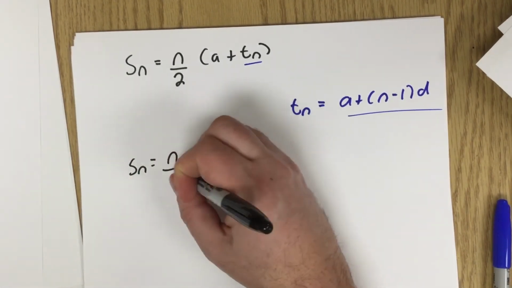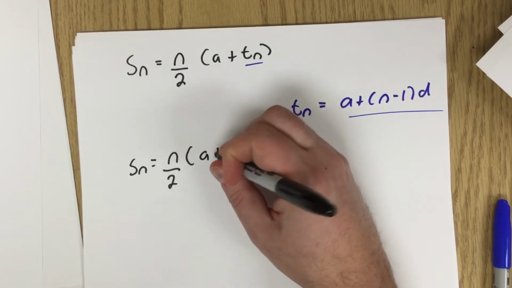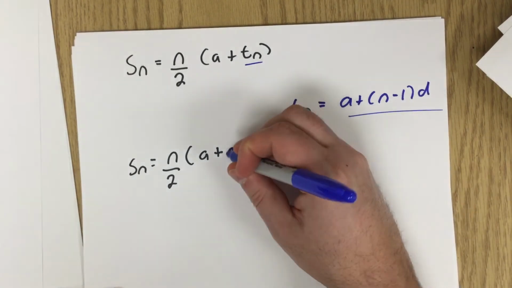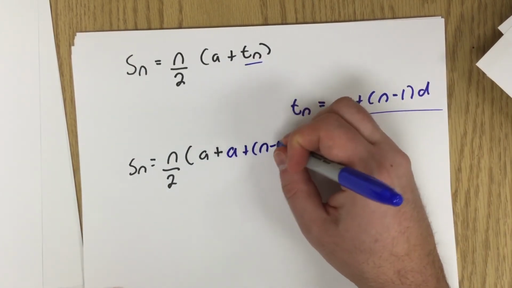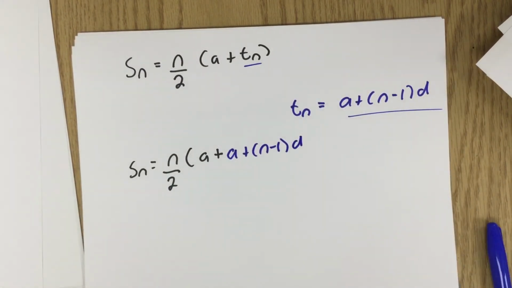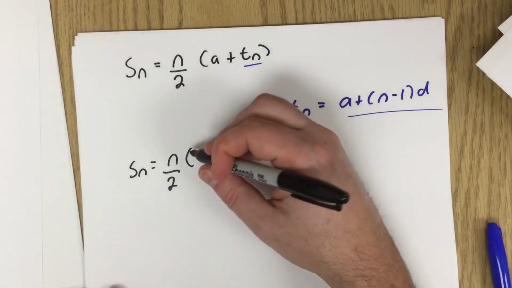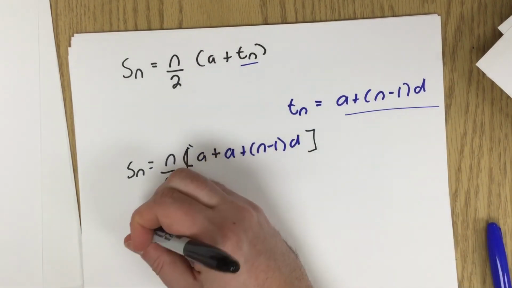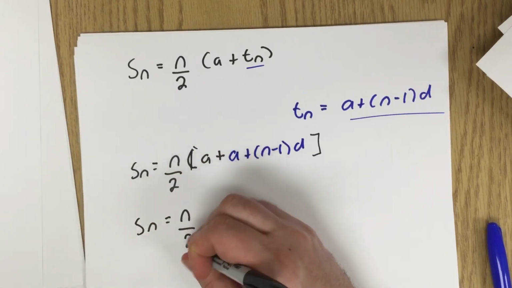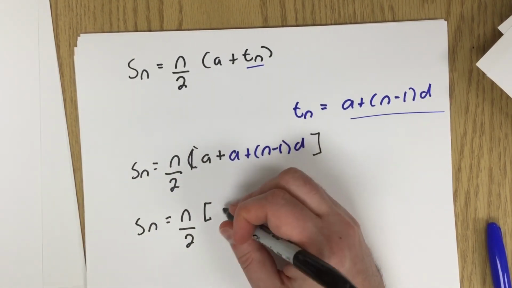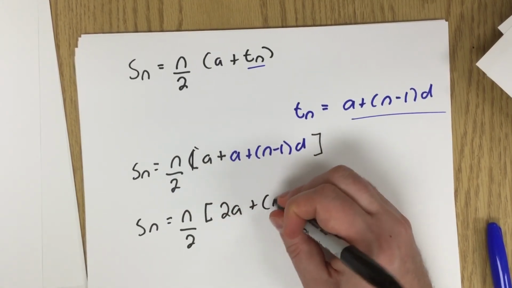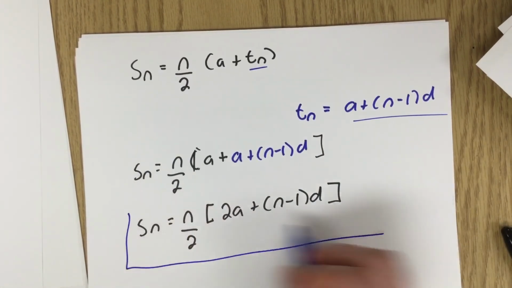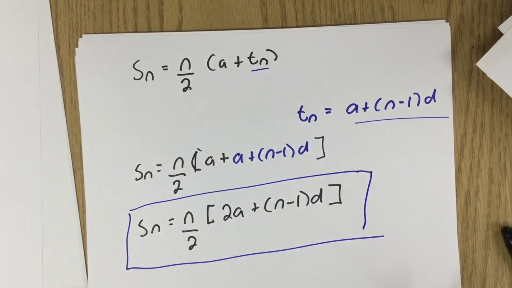Sn equals n over 2 times [a plus (a plus (n minus 1)d)]. So Sn is n over 2 times [2a plus (n minus 1)d], and that's our second formula for the sum of n terms.